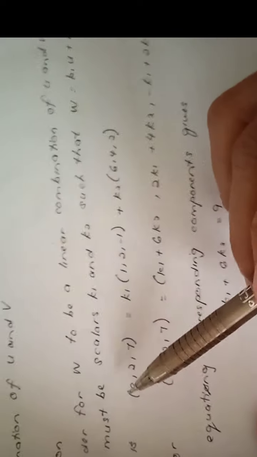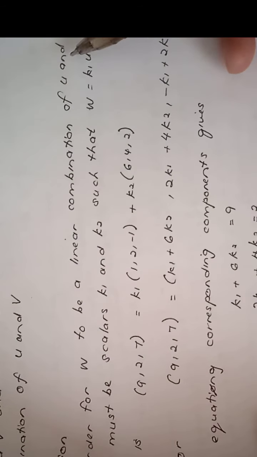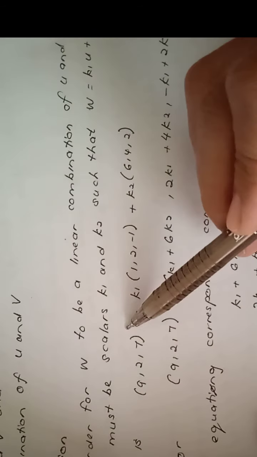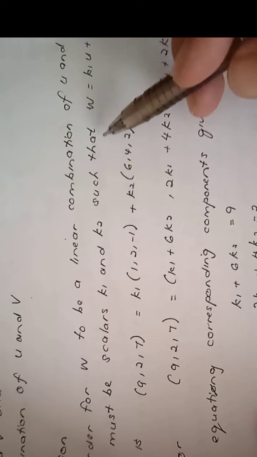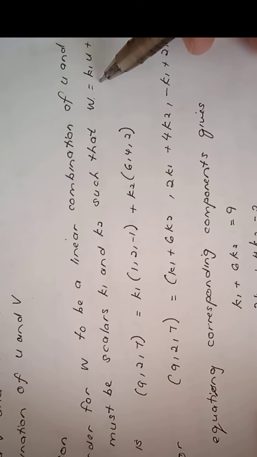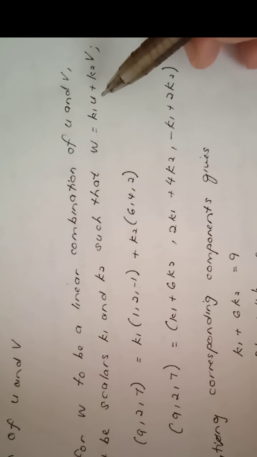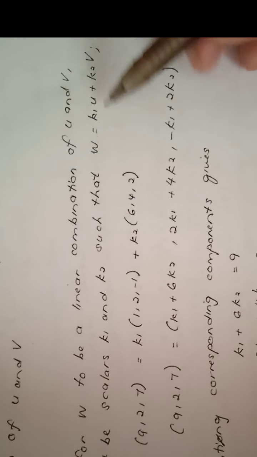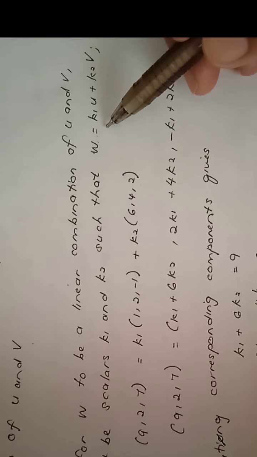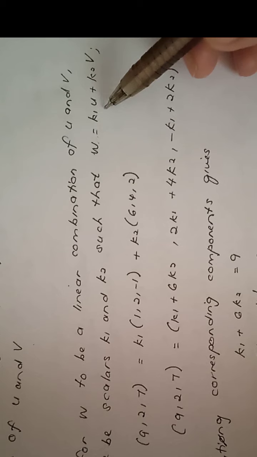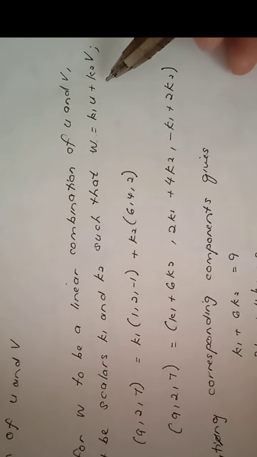Okay, now the solution. In order for w to be a linear combination of u and v, there must be scalars k1 and k2 such that w can be written in the form k1u plus k2v. So all vectors can be written in the form w equals k1u plus k2v.